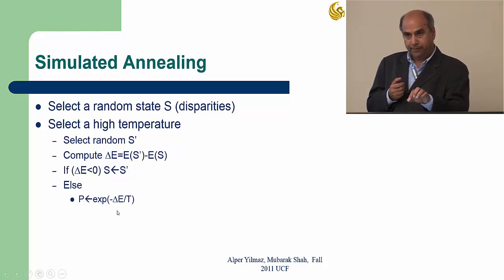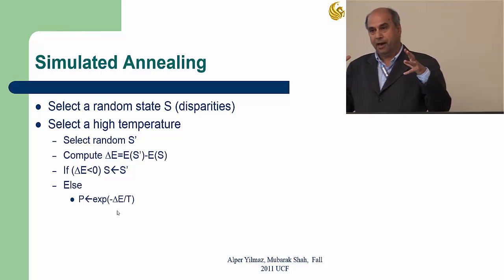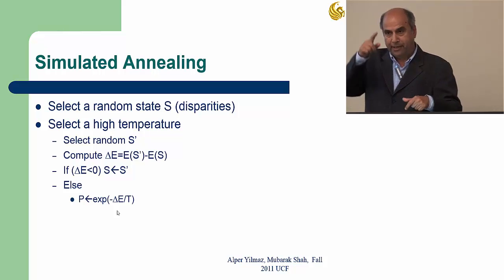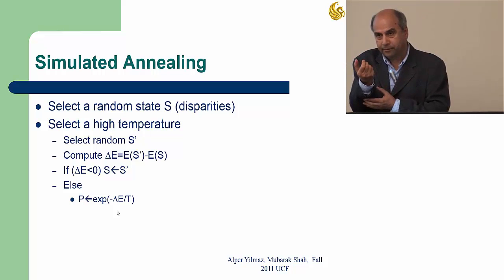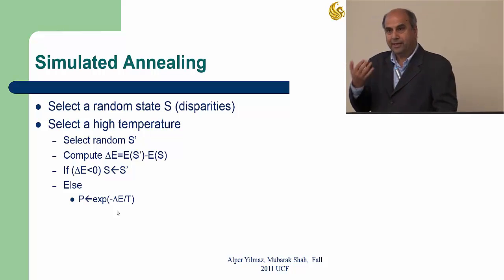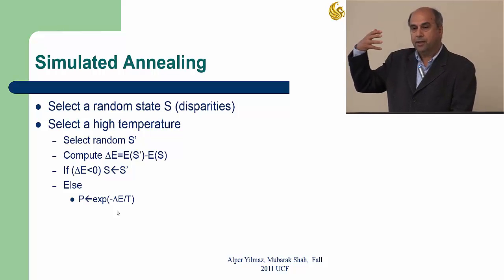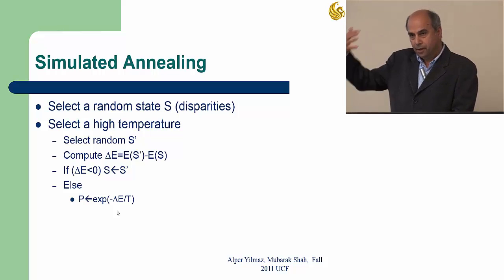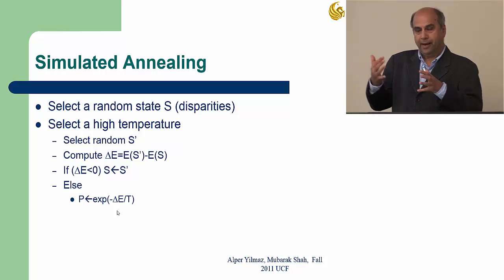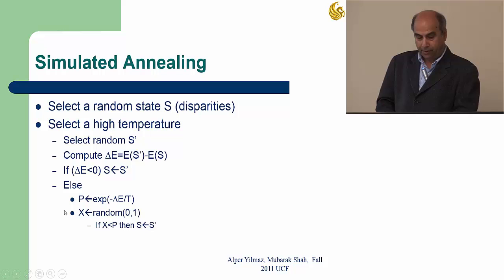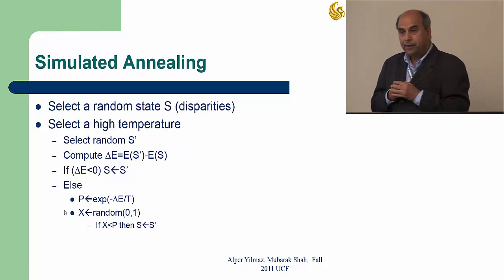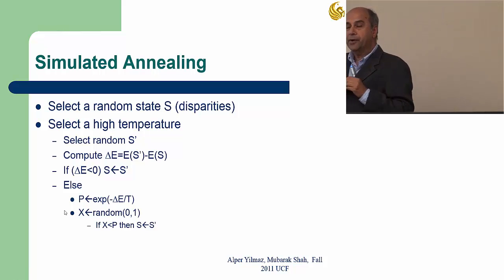Now, depending on the delta E, we will generate this P, where delta E we know, we can put a number there, and T is a high temperature, high value. And we put in e to the power minus delta E upon T, we'll get some number. Okay? So that is the temperature there, just symbolically, because this is using simulated annealing. And we are doing this to find this number P. Now we got a P, and we generate a random number between 0 and 1.